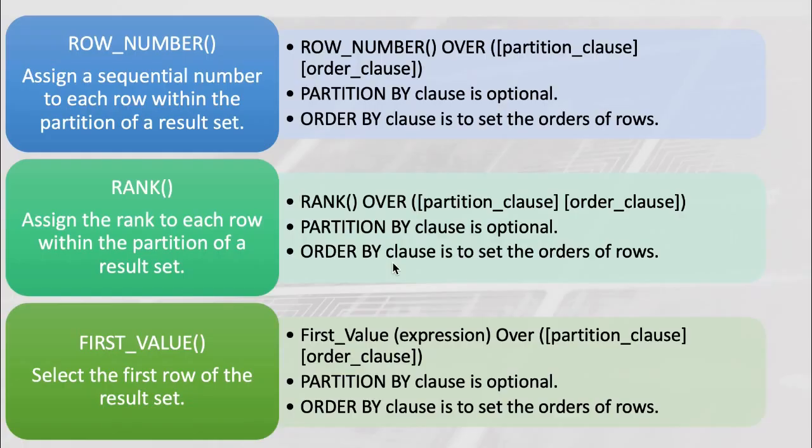The second approach is using the rank function. The rank function assigns the rank for each partition of the result set. The syntax is rank over partition clause and order by clause. Similar to the row number function, the partition clause is optional and the order by clause is mandatory.